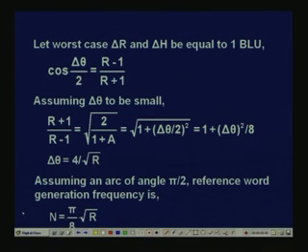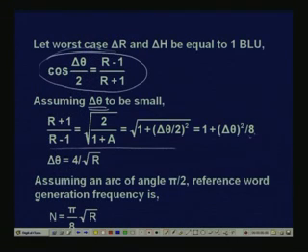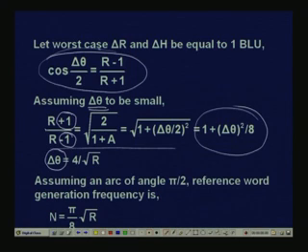We have this standard formula that cos delta theta by 2 is r minus, this is simple geometry. Now if we assume delta theta to be small, then we can make approximations such that sin delta theta equals delta theta, and 1 by 1 minus x equals 1 plus x, and things like that. If you do such approximations, it is easy to derive that this is r plus 1 by r minus 1. From there you can find what delta theta should be such that the radius errors are limited to one basic length unit.